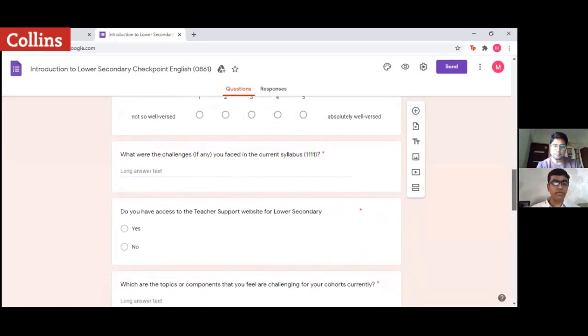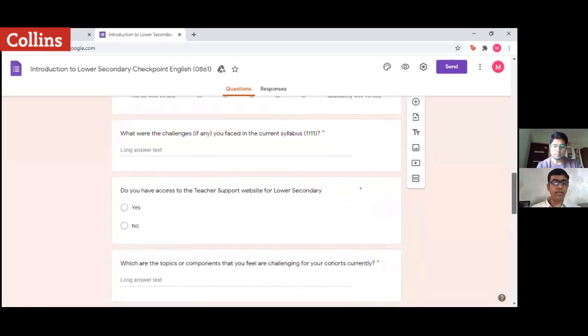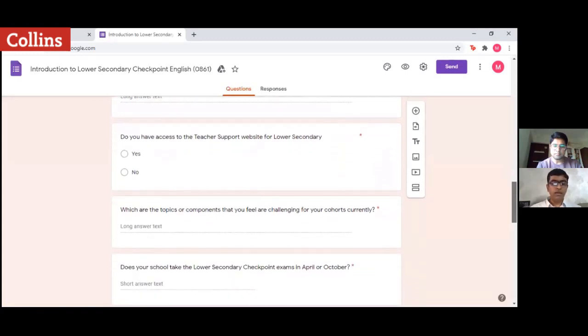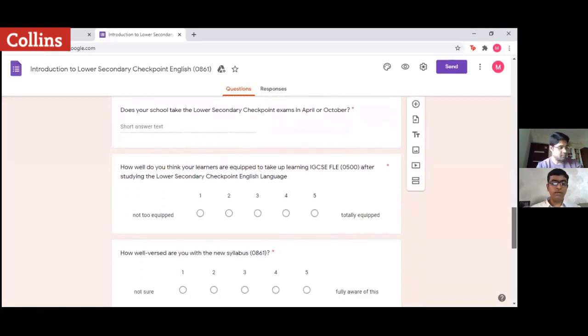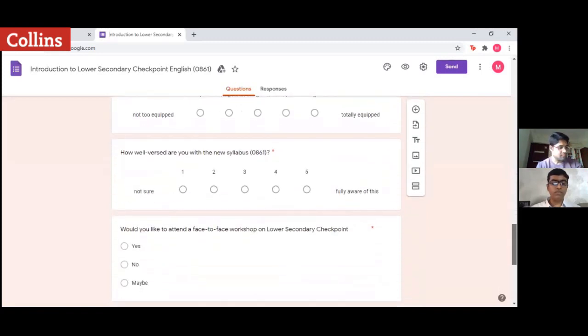address your queries. And what we are looking at is, how well versed are you with the new syllabus, and would you like to have a face-to-face workshop on the lower secondary checkpoint?